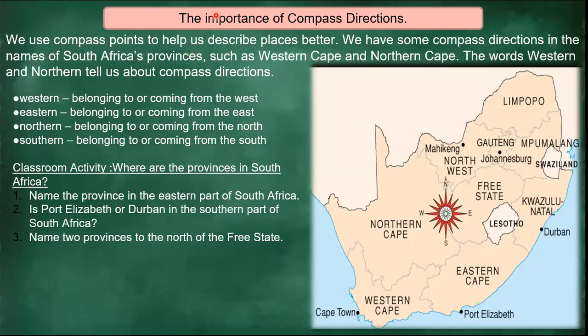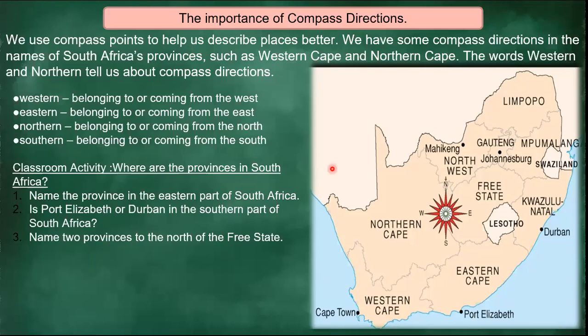The question was, name two provinces to the north of the Free State. Name two provinces. Okay, Unati says it was a mistake. Okay, let's address Zoe. Name two provinces to the north of the Free State.